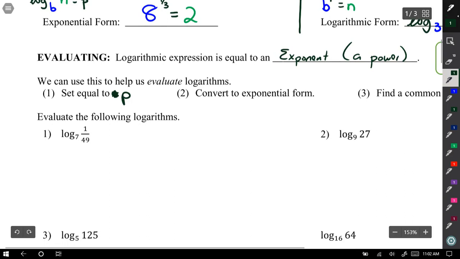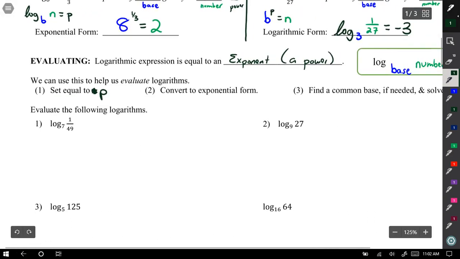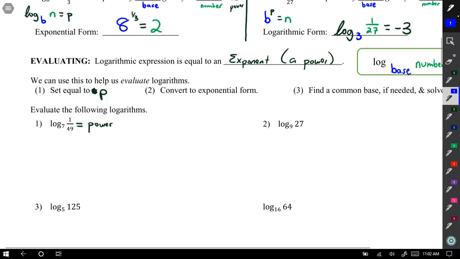So let's do it first as we walk through these steps. Log base 7 of 1/49, evaluated, equals p. I want to find what is that value. It equals a power. Then convert to exponential form. 7 is my base. I'm going to use the colors instead of writing it all down.